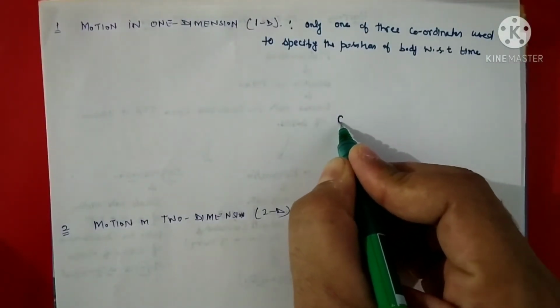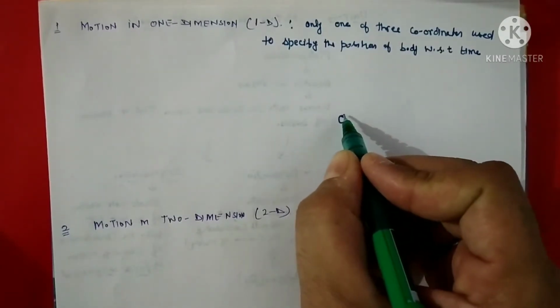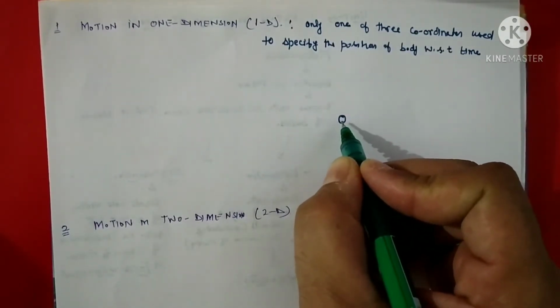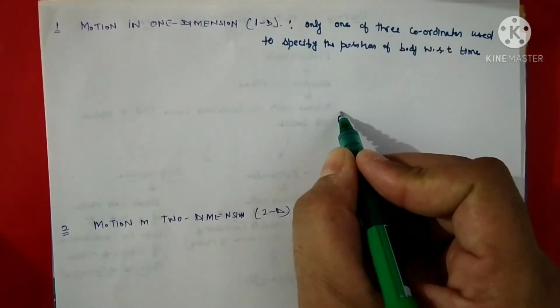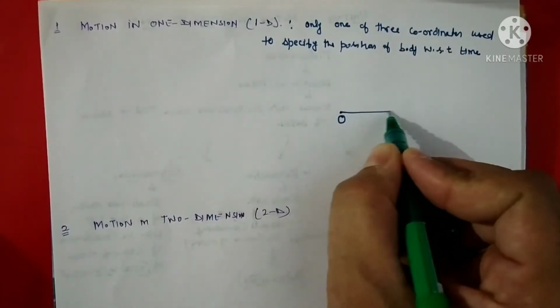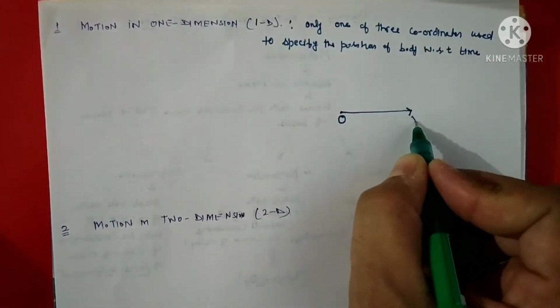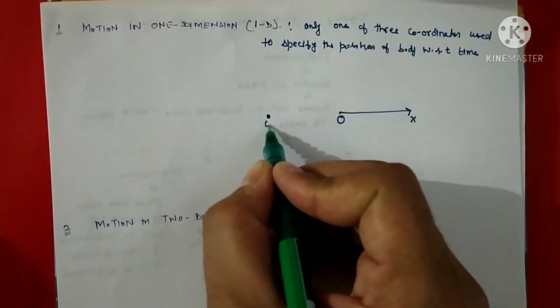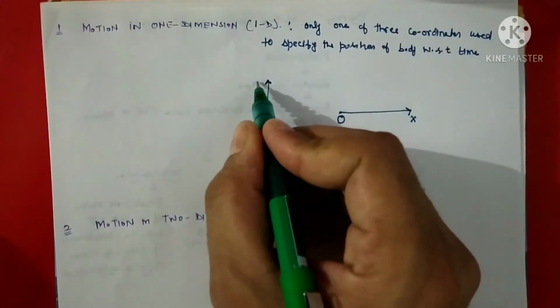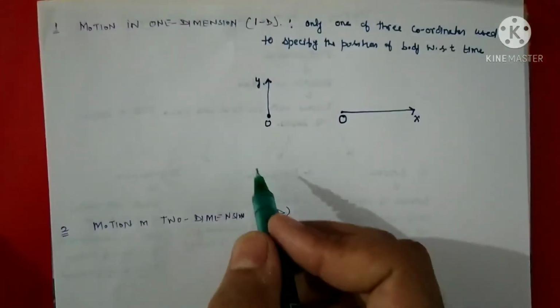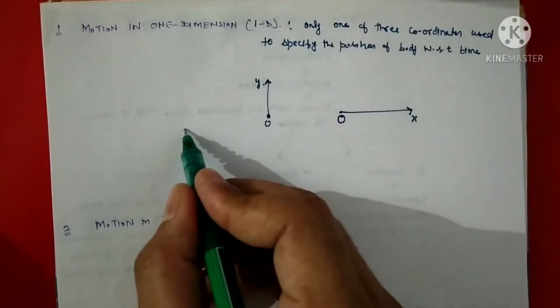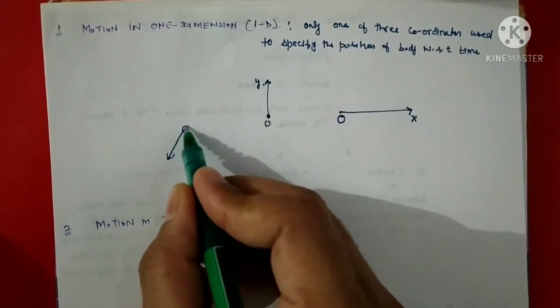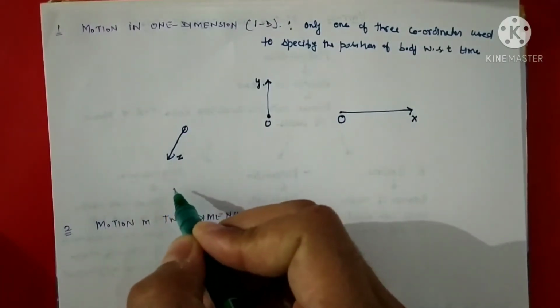Let us suppose this is the starting point of the motion of the body. This point is also known as the reference point, and the body is moving, suppose, along the x-axis. This body can also move along the y-axis. This body can also move along the z-axis.